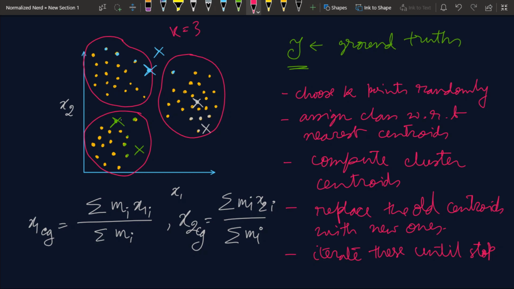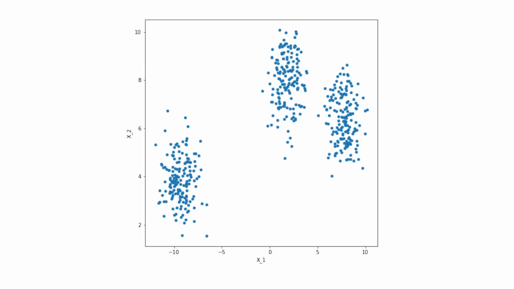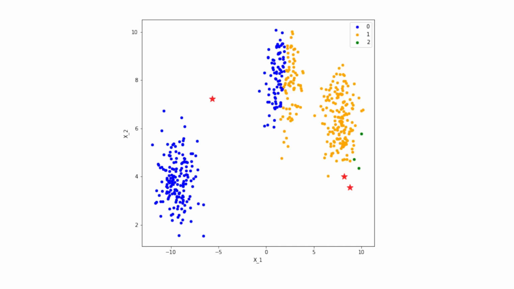Now I have to mention a couple of details about this algorithm, but first let us see this algorithm in action. As you can see, we are first starting with this unlabeled dataset, and then in the next step we are initializing our centroids, denoted here by red stars.